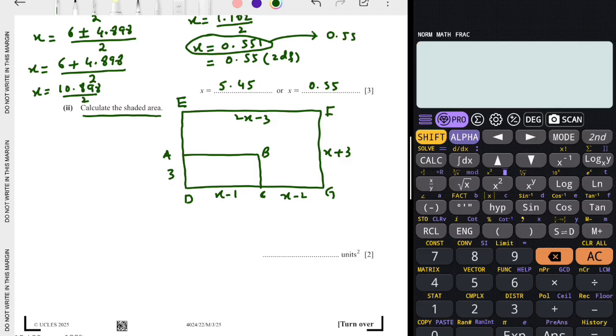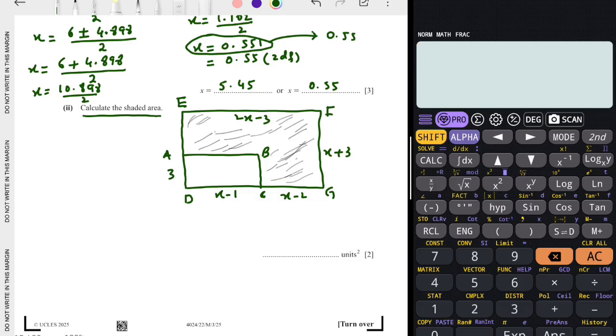Now we have to actually find out the shaded region, and this one is all shaded. As we have got two values for x, one is 5.45 and other is 0.55. Now question arises that which length we have to choose. If you choose a smaller length, let us see what will happen.